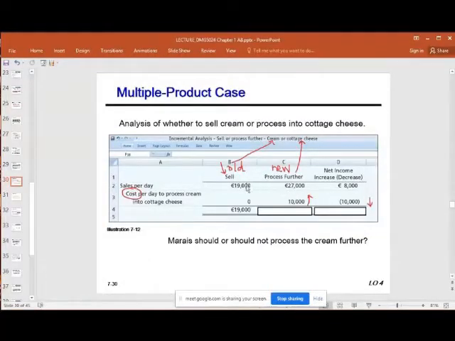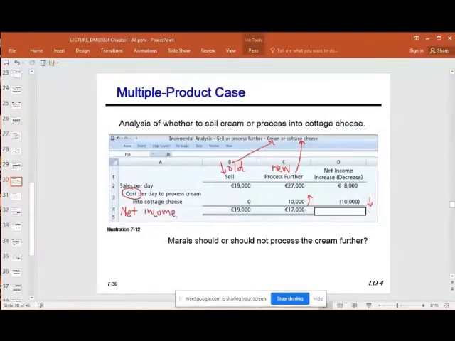So let's complete this one. Sales minus cost, you get 19,000. Same thing, 27,000 sales minus cost, you get 17,000. And you compare, this is your net income, because sales minus cost, you get net income.